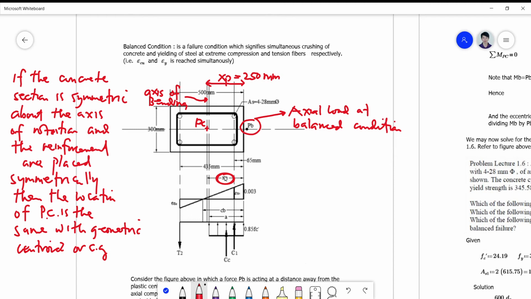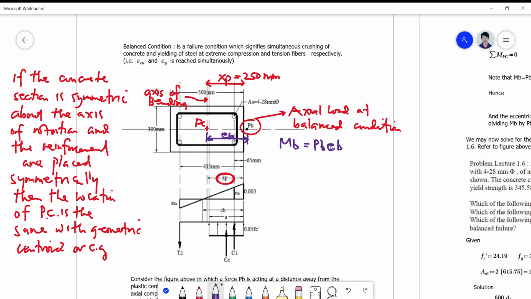Of course, we can now determine where is your eccentricity. So the eccentricity is coming from the distance from the plastic centroid up to the force. Okay, so this is now your eccentricity E sub B. And the moment is simply given by a force times distance equation, which is PB EB.